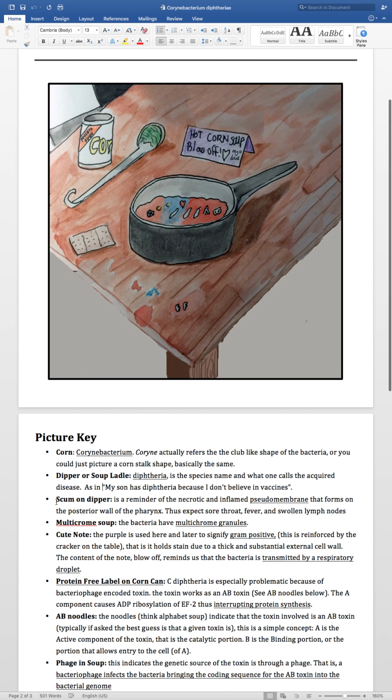And notice there is scum on the dipper. So this visually is a reminder of one of the hallmark features of some diphtheria infections: a pseudomembrane that forms on the posterior wall of the pharynx. Thus, you can also add some more details just logically as to what you might see with this sort of patient.